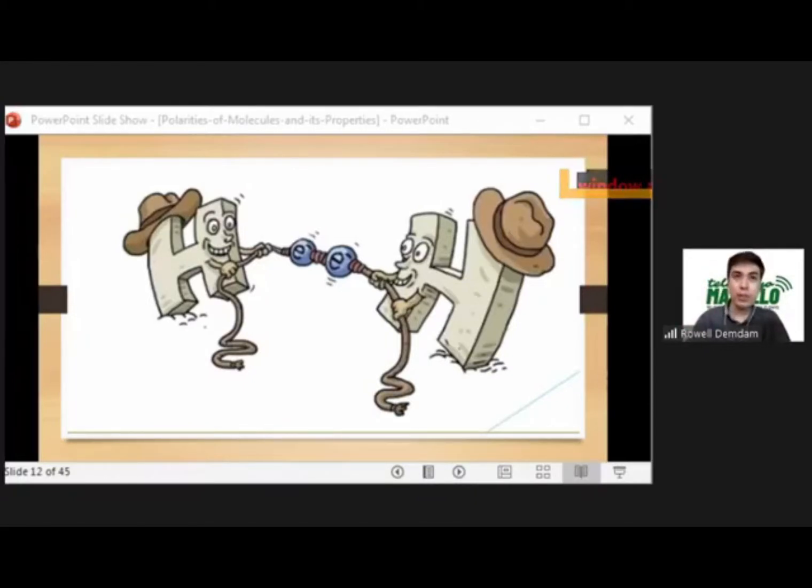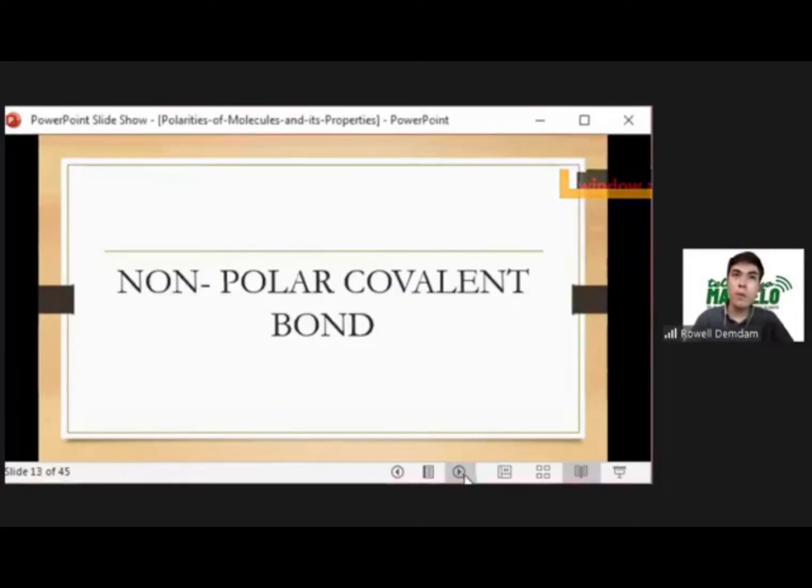But can you guess if it is non-polar or polar covalent bond? The answer for this picture should be non-polar covalent bond. To further discuss this, first let us have the polar covalent bond.